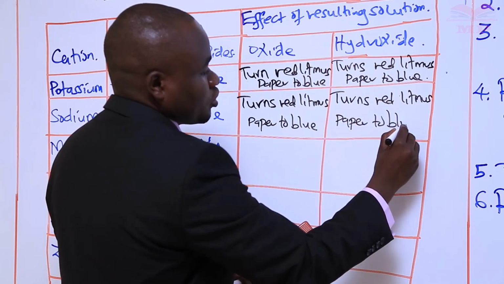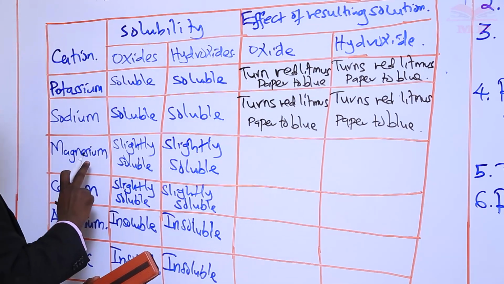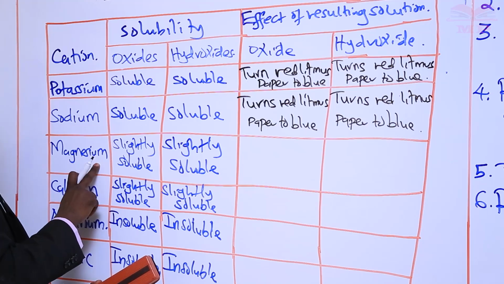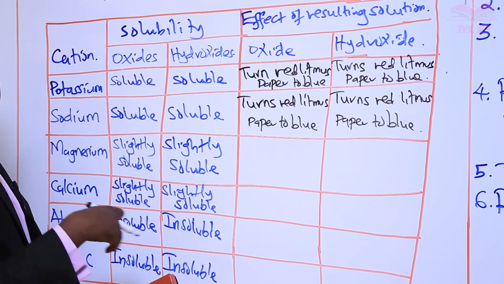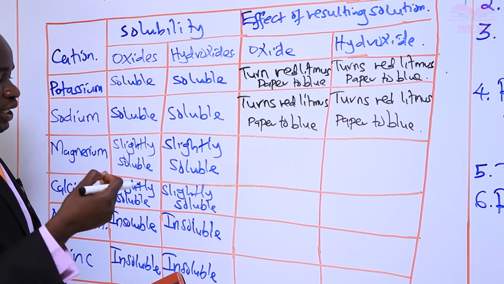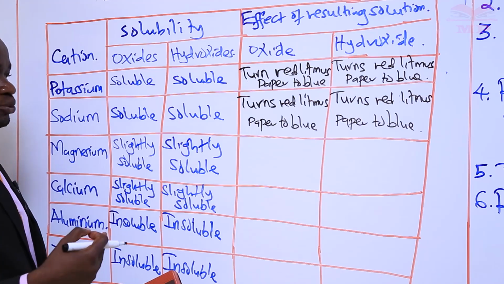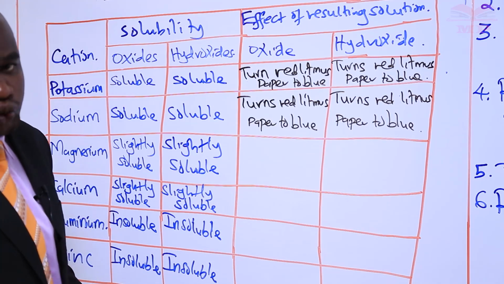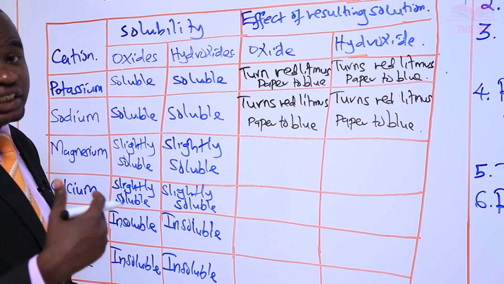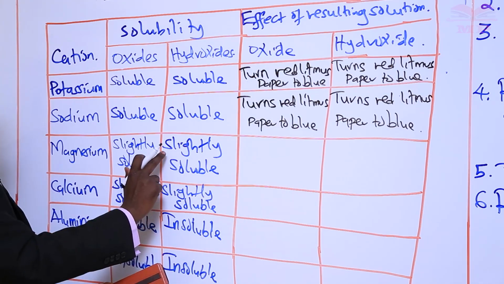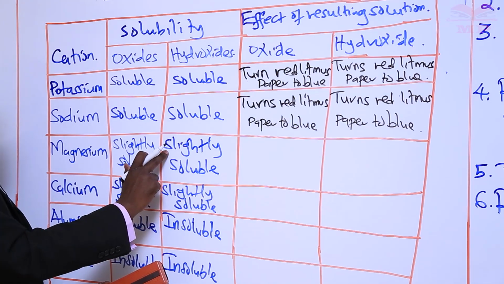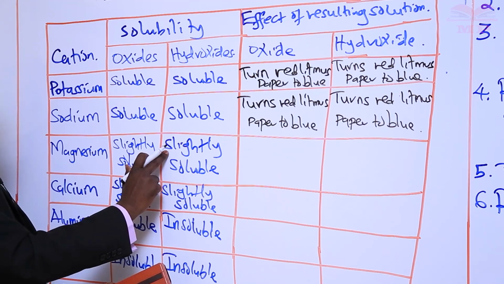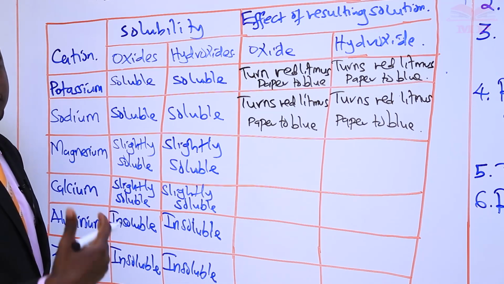to blue. We have said magnesium oxide as well as magnesium hydroxide is slightly soluble. That means part of the solution formed will be a basic solution. It means if you test that solution using litmus paper, it will still turn, despite the fact that magnesium hydroxide is slightly soluble. So the observation will also be the same.